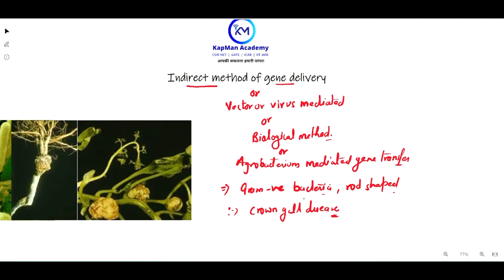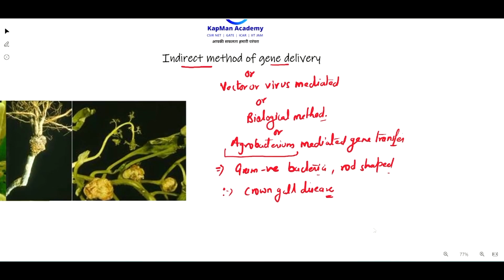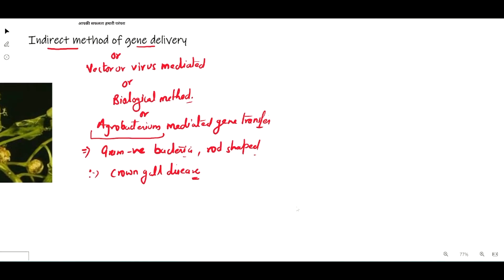It survives as a pathogen in the presence of a suitable host. Agrobacterium has different biovars and exists in different strains.